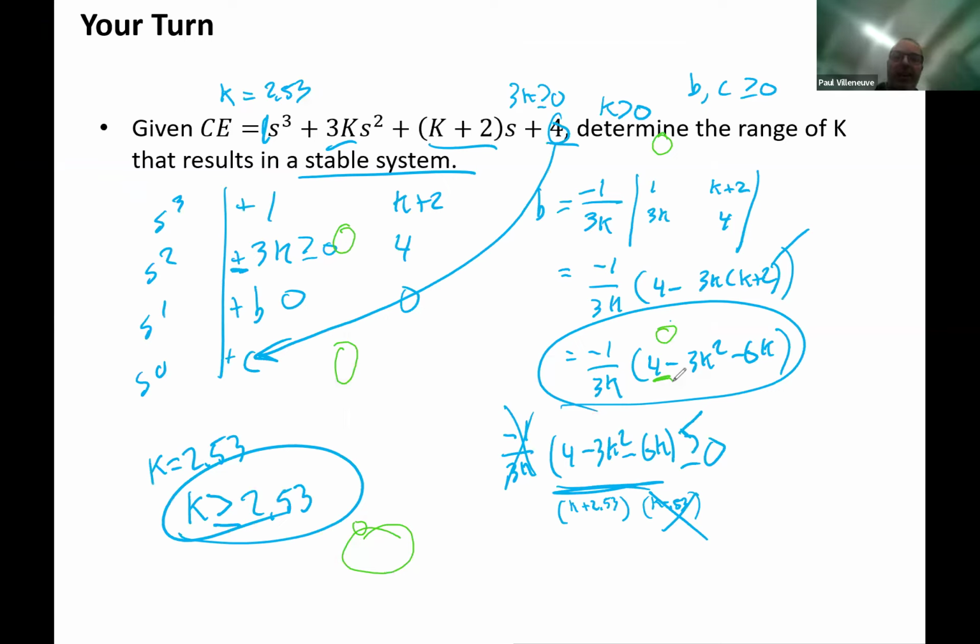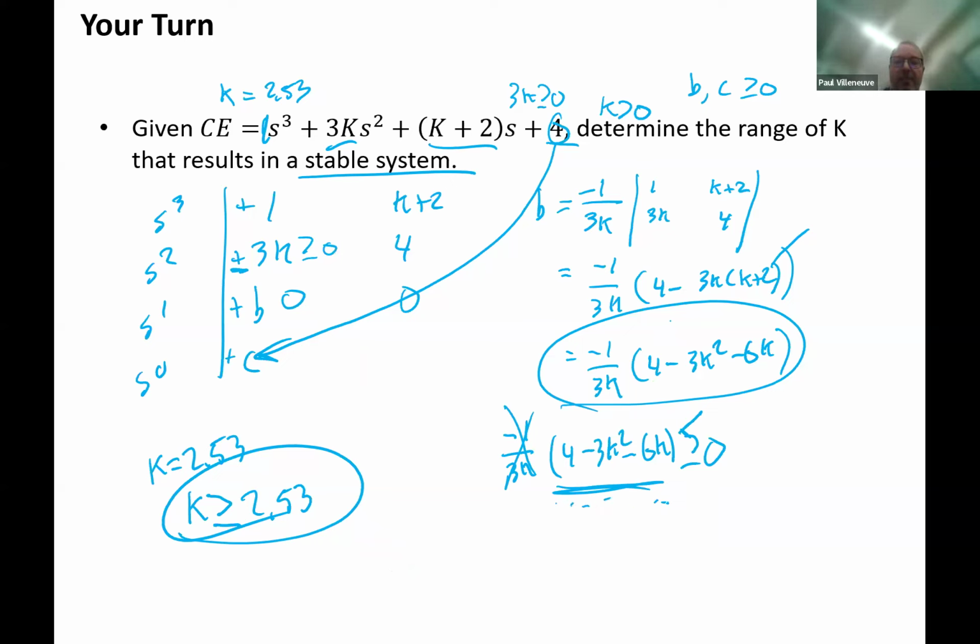I said it incorrectly. It's got to be 0.53. Oops, let me clear the annotation. Sorry. Clear. It's supposed to be. Doesn't want to erase anymore. Oh, there we go.